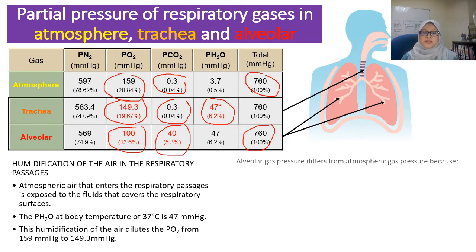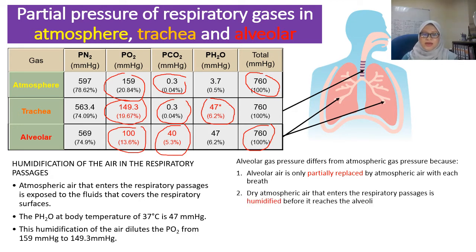There are four reasons why the alveolar gas pressures differ from atmospheric gas pressures. The first reason is because alveolar air is only partially replaced by atmospheric air with each breath. The second reason, dry atmospheric air that enters the respiratory passages is humidified before it reaches the alveoli.